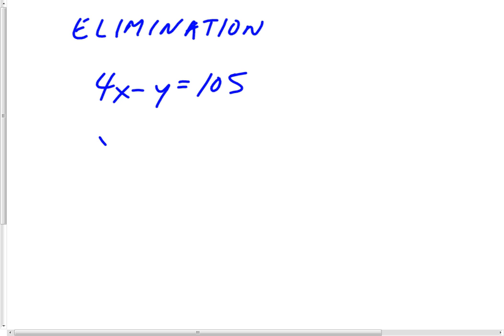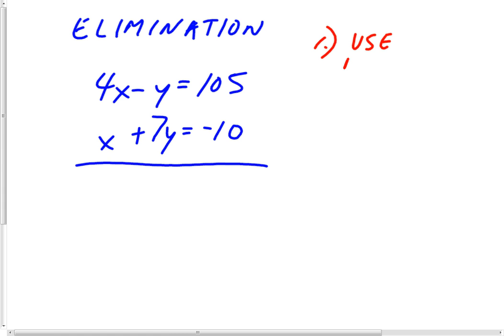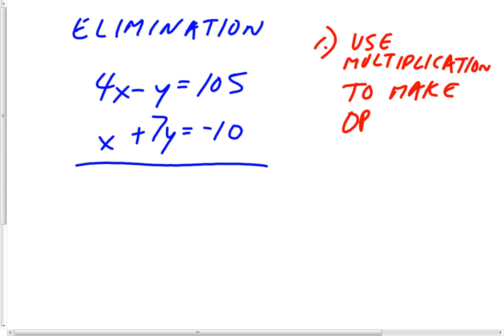Number 3, elimination. Put an adding line in here, just to remind yourself that eventually we want to add these, but only if we have opposites.